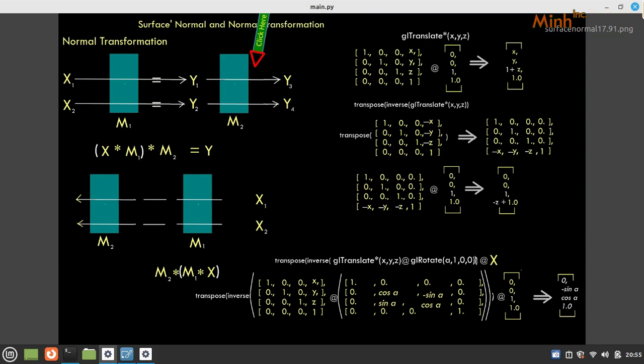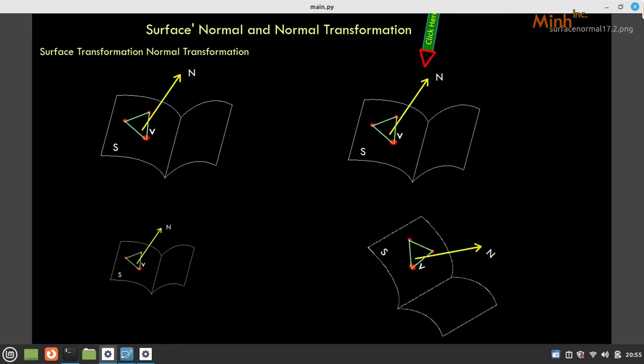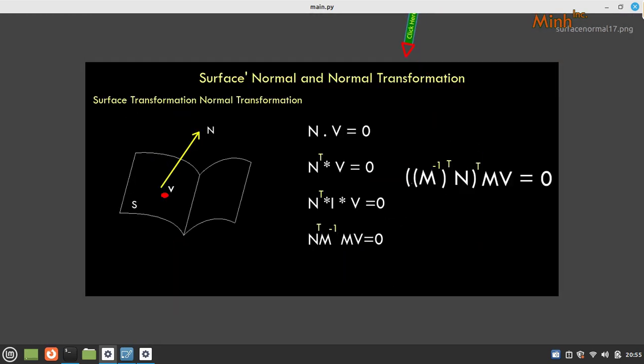Okay, now we talked about two matrices in OpenGL. Can we remember? If there is a transformation M on a vertex position, then there is a transformation of M minus 1, inverse and then transpose, on the normal.